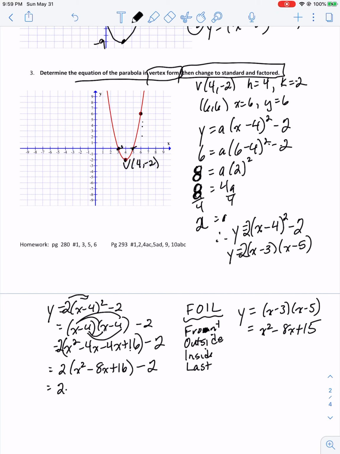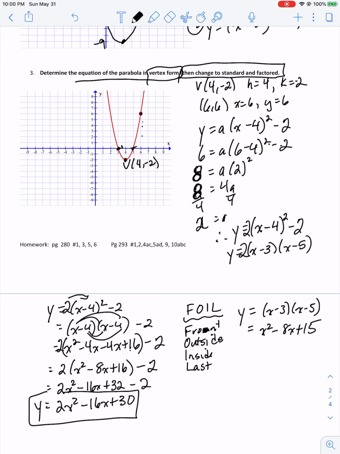So then that becomes 2x squared minus 16x plus 32 minus 2, which equals 2x squared minus 16x plus 30. Okay, there's standard form going from vertex form. This still has a 2 out in front of it over here. That still needs to be multiplied by 2, which gives you 2x squared minus 16x plus 30. Okay, that makes more sense.